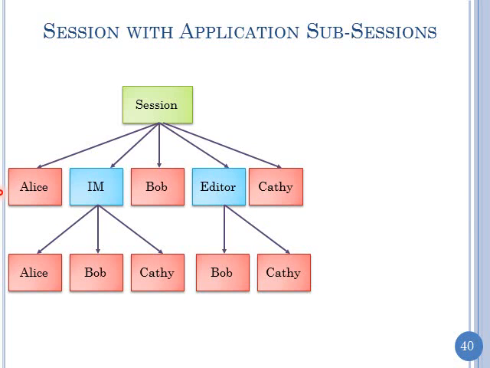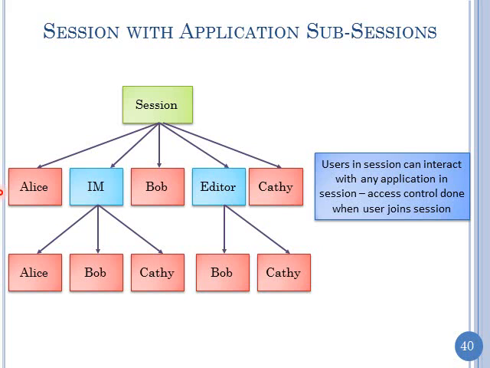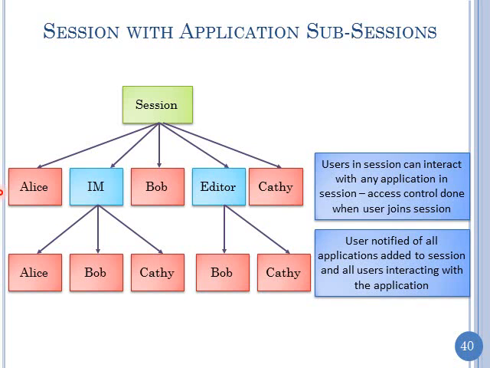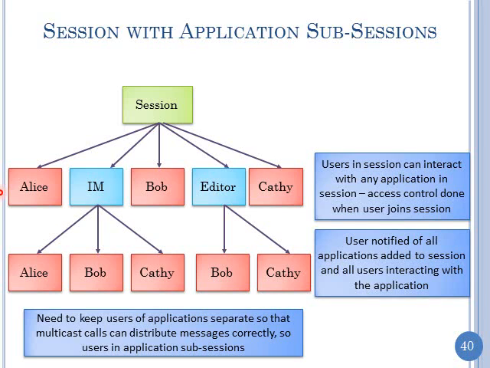So users in a session can interact with any application in the session. Access control is done when the user joins, and users are notified of all applications added to the session, and all users interacting with the application. So we do need to keep these subsessions separate, okay, for multicast purposes.